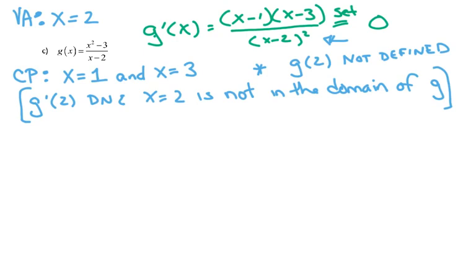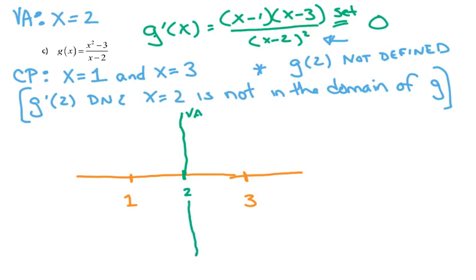Now we set up test intervals to determine where it's increasing and where it's decreasing. Sometimes I'll do something to remind myself that this is a vertical asymptote, that I don't want to use 2 as a test point because that's not in the function.